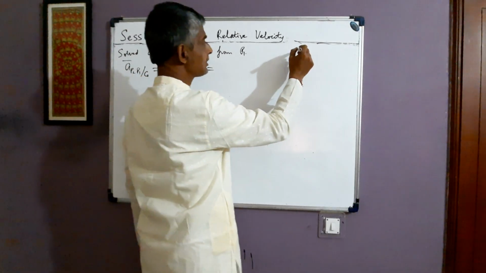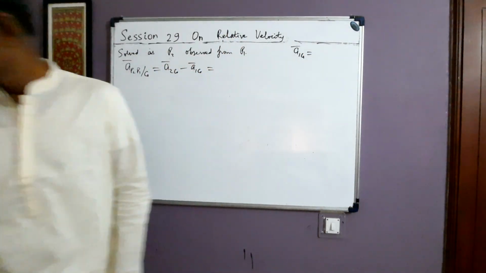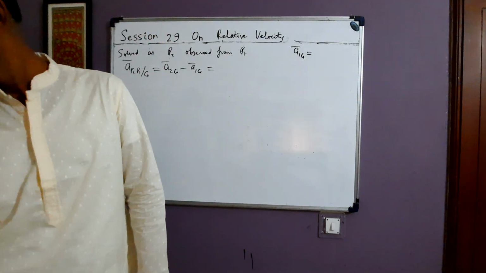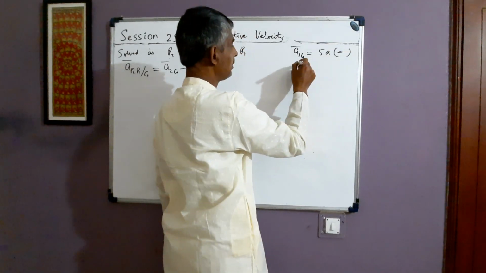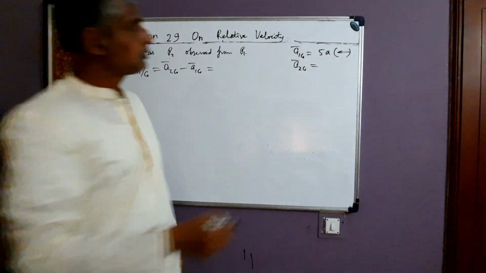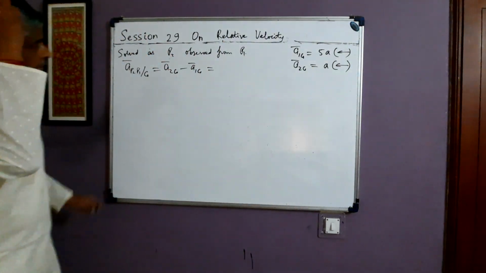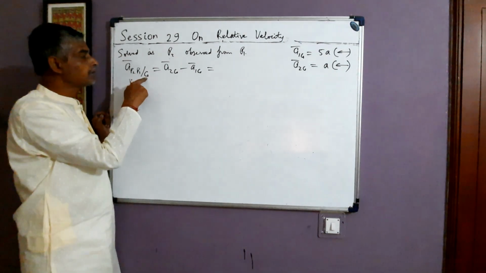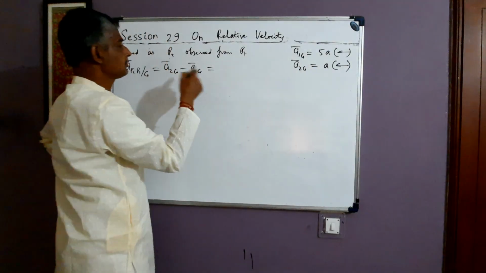A1G is given to be 5A left, and A2G is given to be A left. So the relative acceleration of P2 with respect to P1 in ground frame is A2G minus A1G, where A2G is A left.